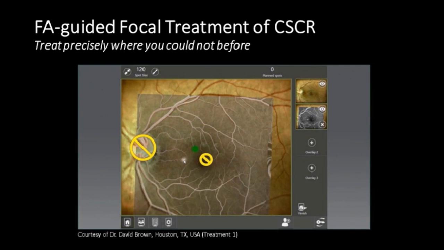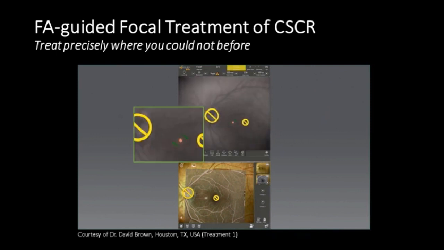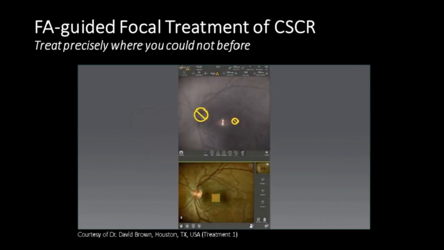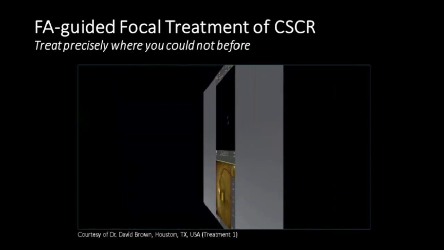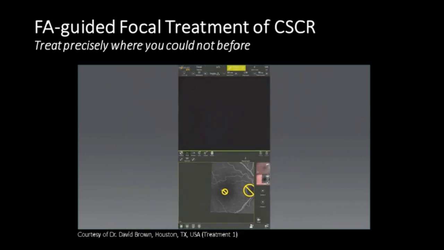Here you see an example in CSC where you're looking at the exact hot spots from the fluorescein. You've pre-planned your no-fly zone. Here the eye's tracking. You actually learn to be a little bit of a photographer yourself. The retina guys, a lot of us didn't do that before. And then, again, another plan.